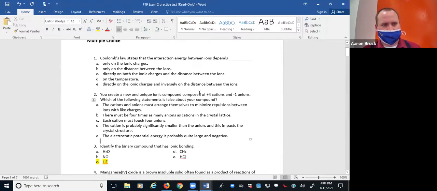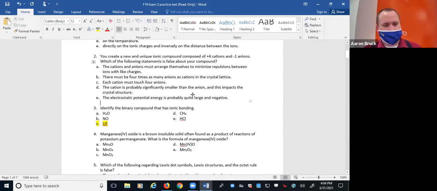On the, like when you use the Roman numeral, that's something I calculated for them. The Roman numeral in a compound name indicates the charge on the metal ion.